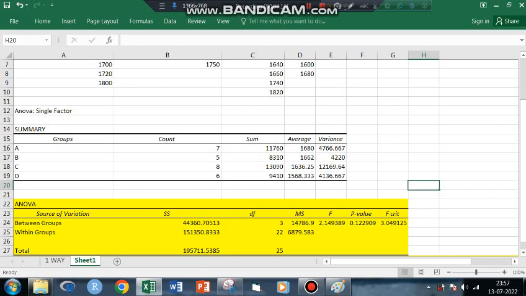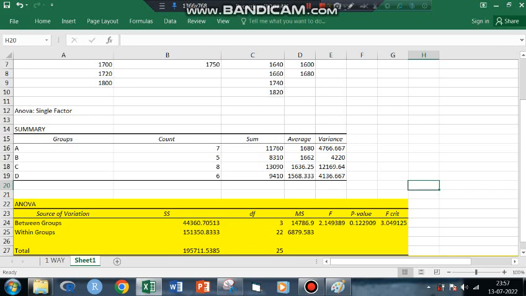Now in terms of the probability value, we reject if it is less than the level of significance, but here the P value is 0.12, which is more than 0.05, so we fail to reject the null.